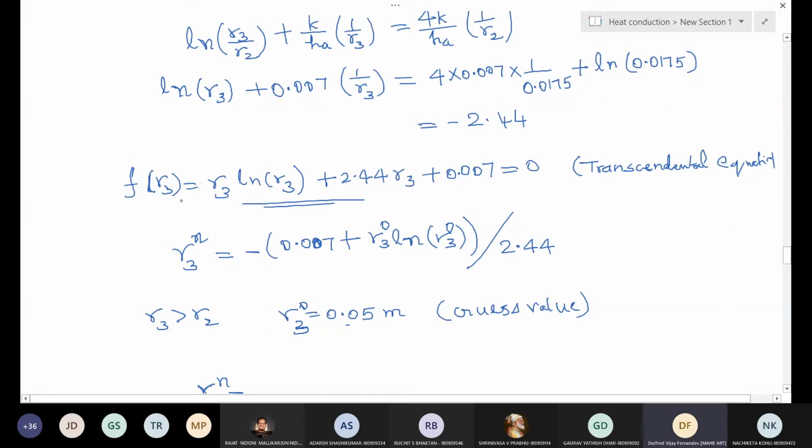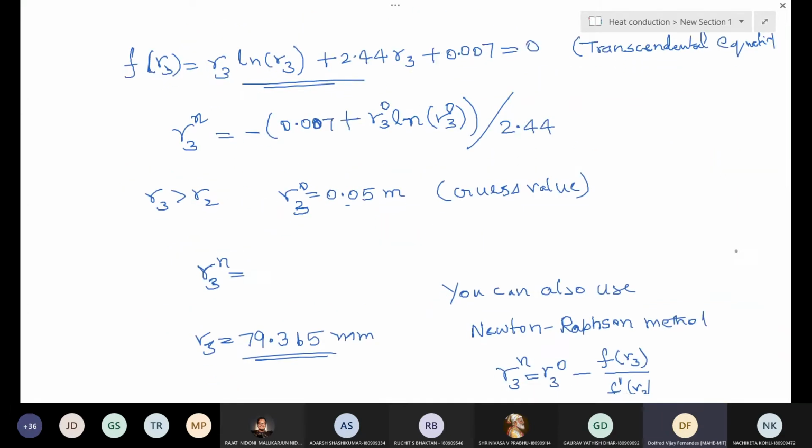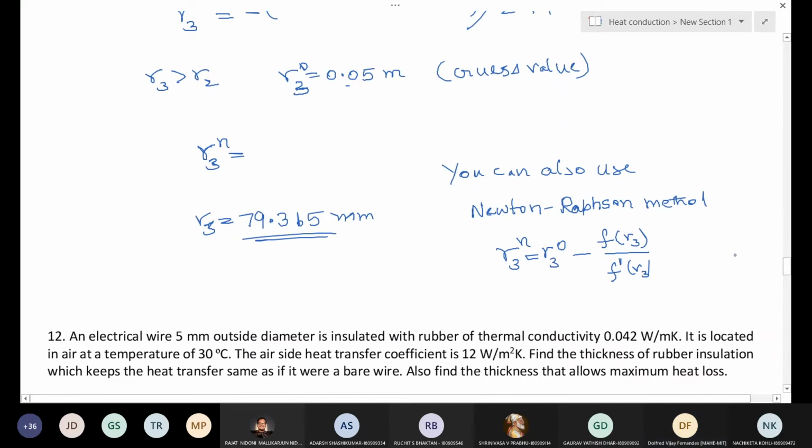And you have to find the derivative of this function in order to use the Newton-Raphson method. So you substitute the old values. If you use Newton-Raphson, you will get the solution in just 3 iterations. But you have to calculate these values separately and substitute. Okay.